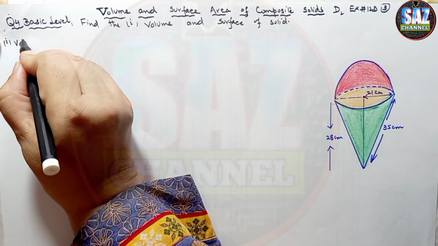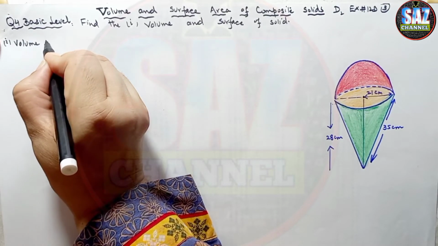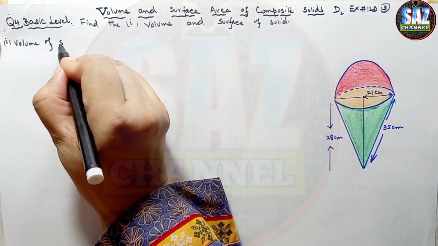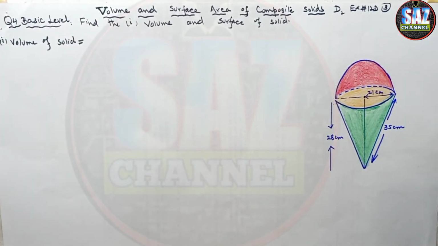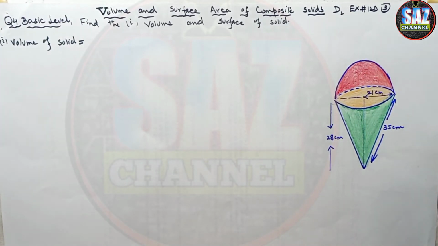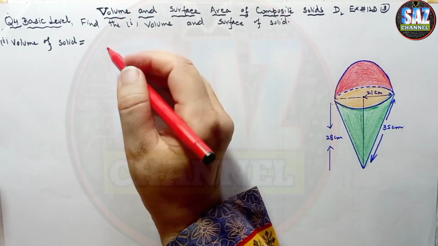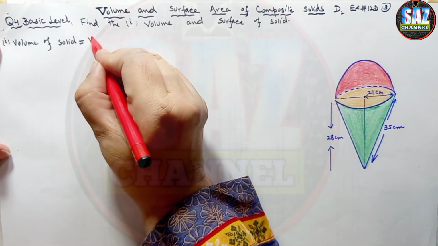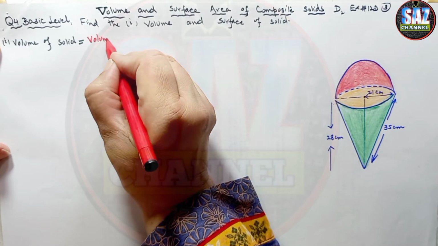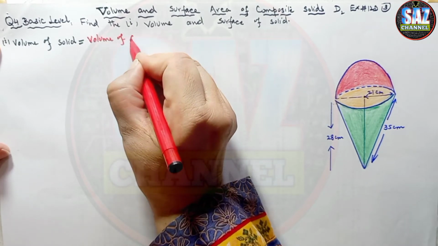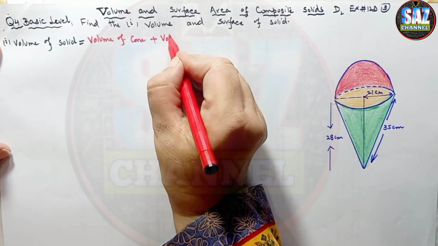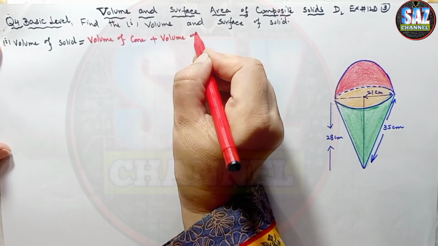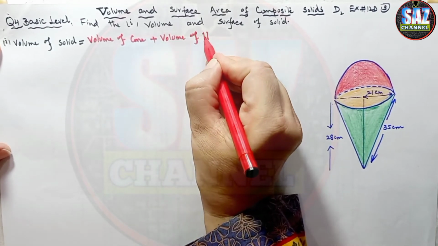Volume of solid equals volume of cone plus volume of hemisphere.